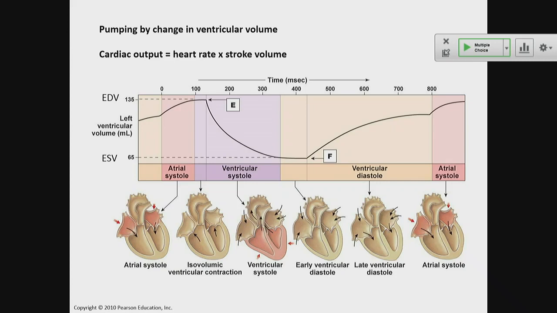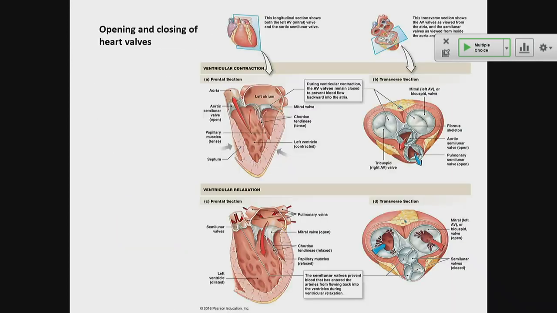Okay, so then there's one more important feature. I told you already about the heart valves and the fact that they prevent backflow. Actually, let me skip this and go right here.